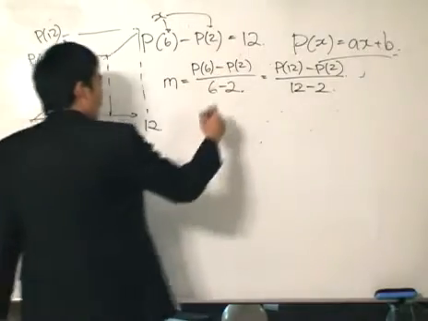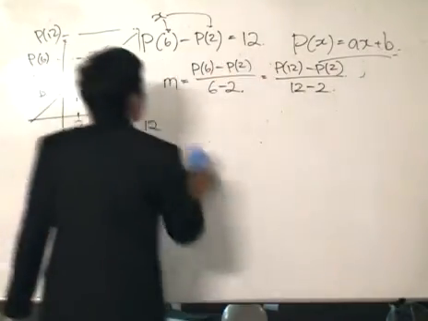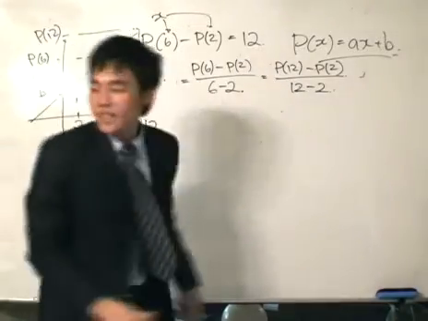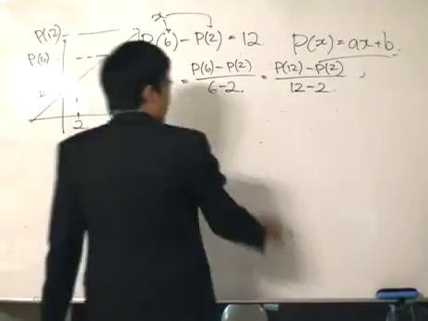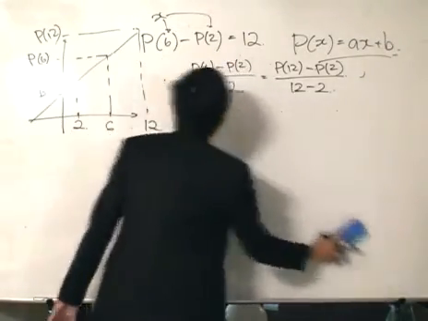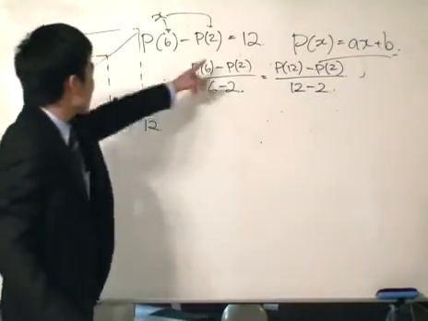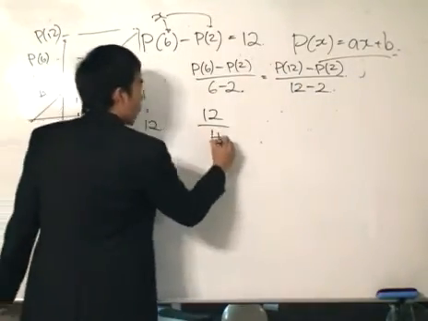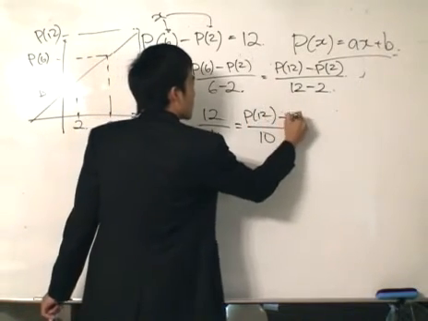But we know that P(6) take away P(2) is 12. Let me just check what my book says. Yes, so let's simplify it a bit. We know P(6) take away P(2) is 12, so this will be 12 over 4 equals P(12) take away P(2) over 10.